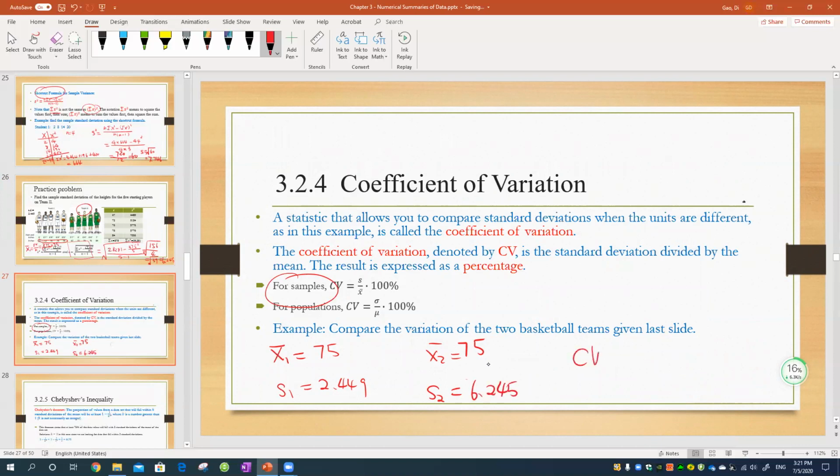Then CV for the first team is going to be the standard deviation for the first team divided by the sample mean for the first team. So that's going to be 2.449 divided by 75.